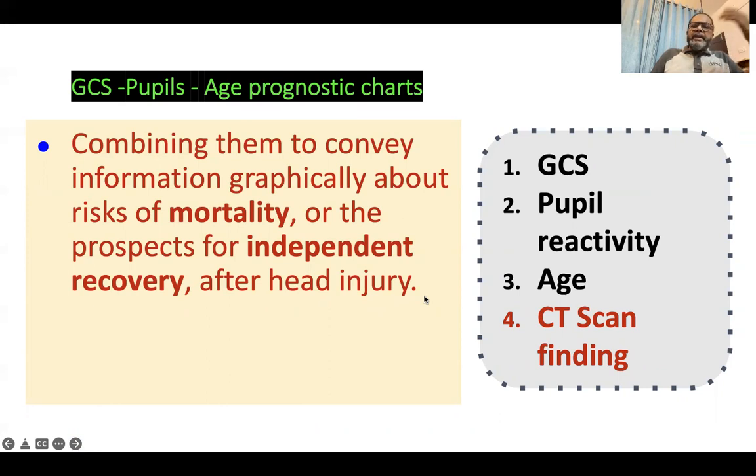Another new recommendation added along with the GCS, pupil reactivity, and age is the CT scan finding.